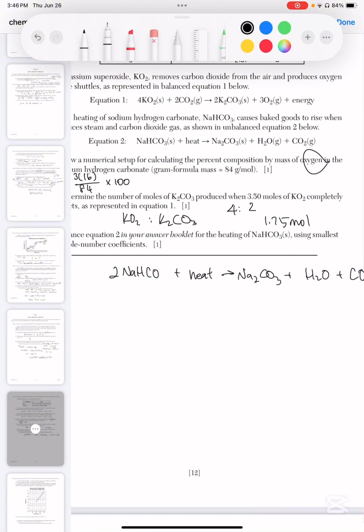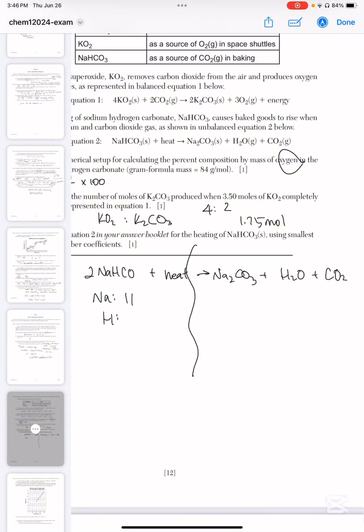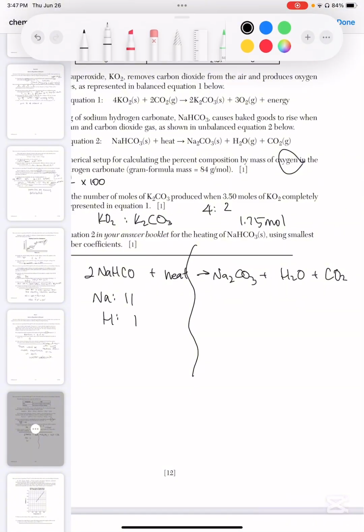Oh, you just need 2 of these. Yeah, okay. So for Na, you have 2. H, you have 2. C, you have 2. O, you have 6. Na, here you have 2. C, you have 1 here, 1 from CO2.